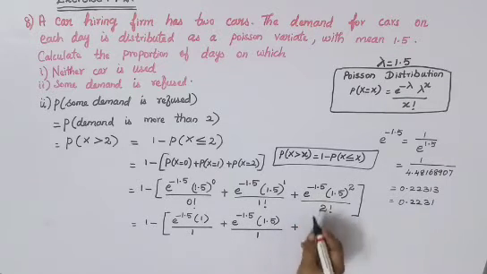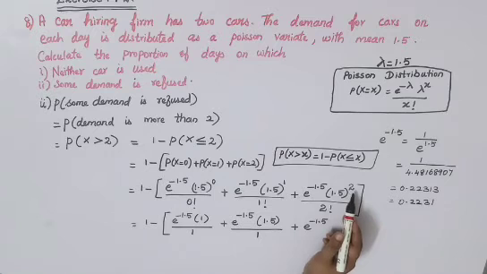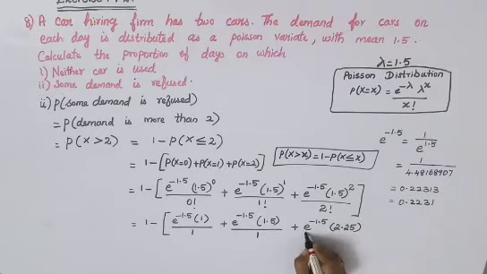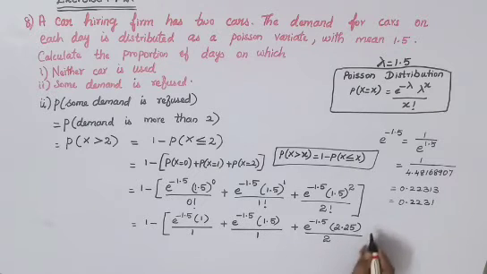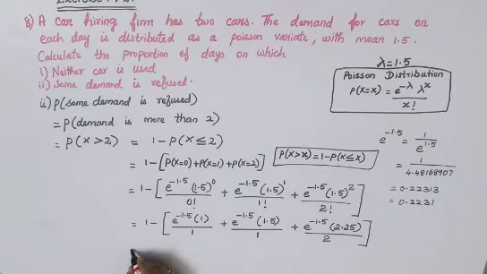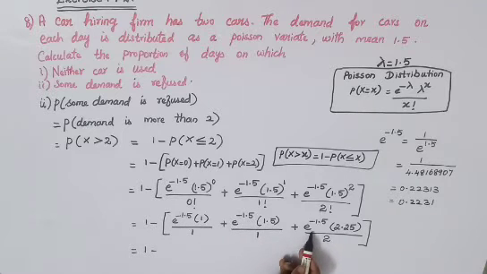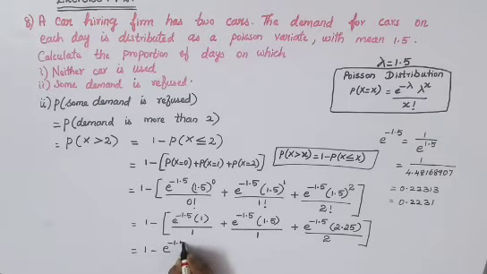Plus again e power minus 1.5, and 1.5 the whole square is 2.25, divided by 2 factorial, which is 2 into 1, so 2. Now you can see everywhere e power minus 1.5 is common, so I'll take that out and write the rest inside.